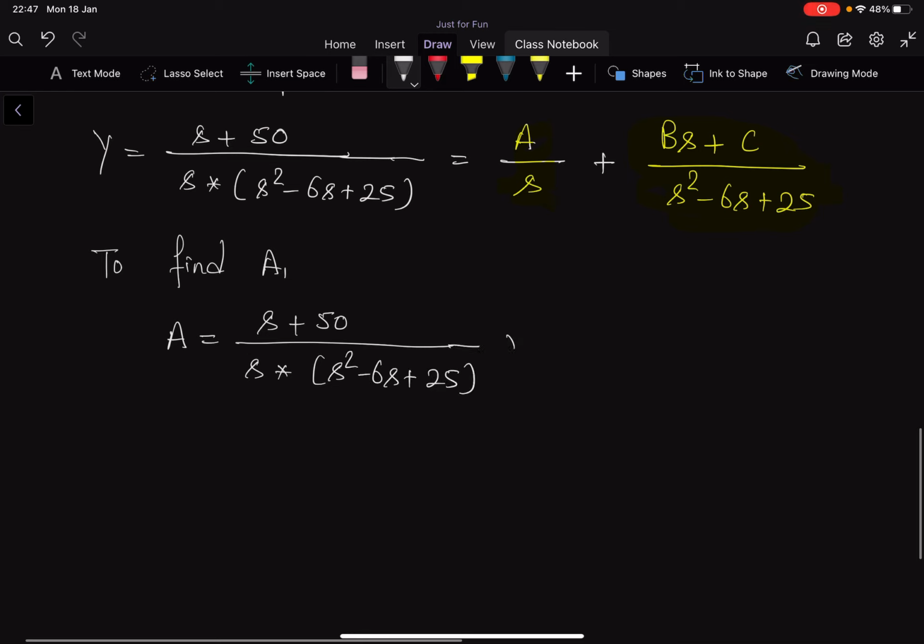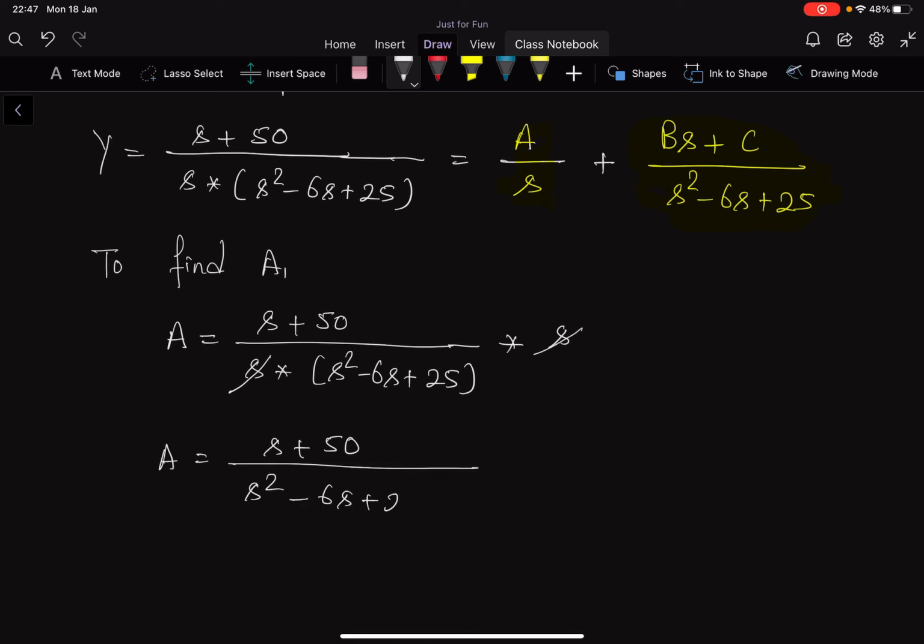Then multiply by what is on the bottom of A, which is s, and you can cancel this s and this s. So what is left over is (s plus 50) divided by (s squared minus 6s plus 25).